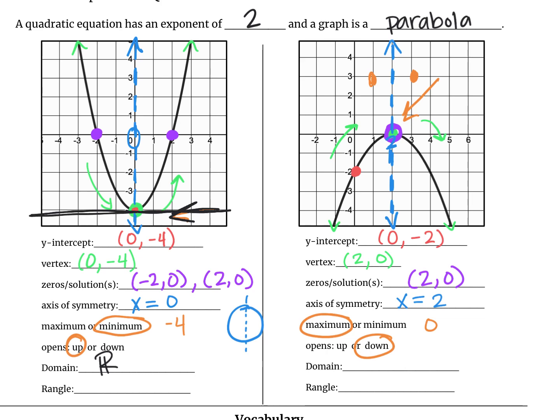My graph is not going to go below that. All of the y values are above -4. So that means my range would be that your y values are greater than -4. And there's one more thing we have to add. Because the vertex is on -4, it's included, it's going to be greater than or equal to -4.